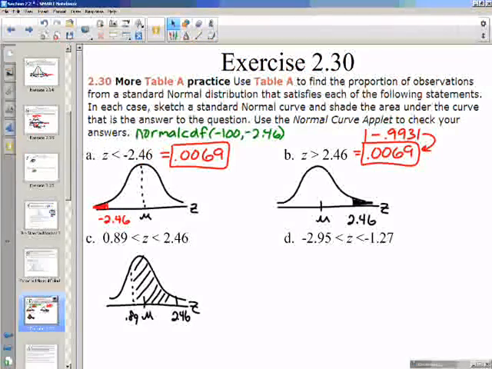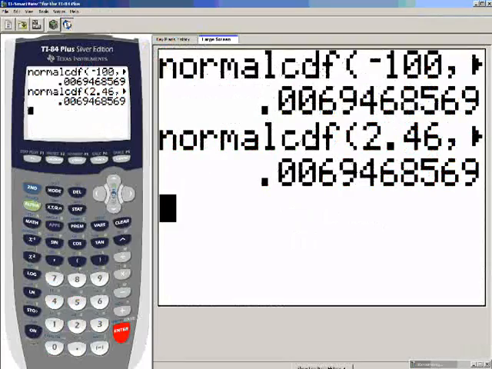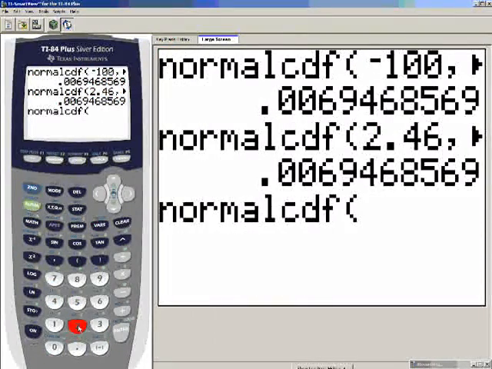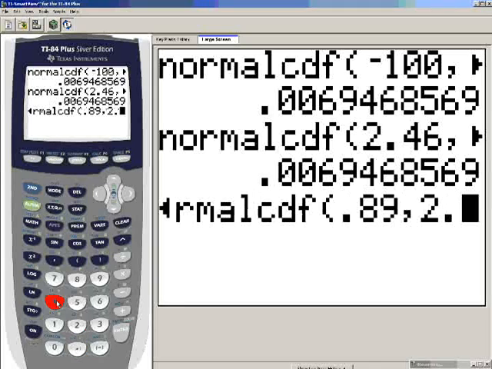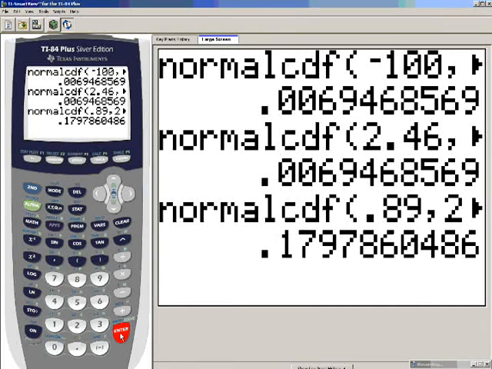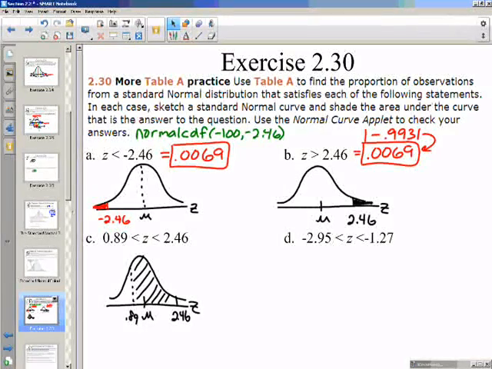Let's take a look at that on the calculator. Normal CDF from 0.89 up to 2.46. We get 0.1798, and everything is going to be rounded to 4 decimal places here when we talk about this area.